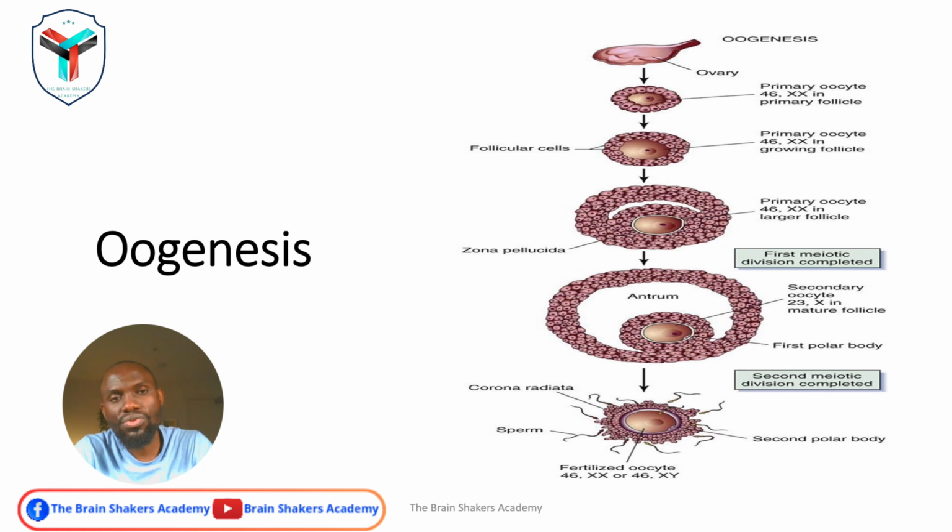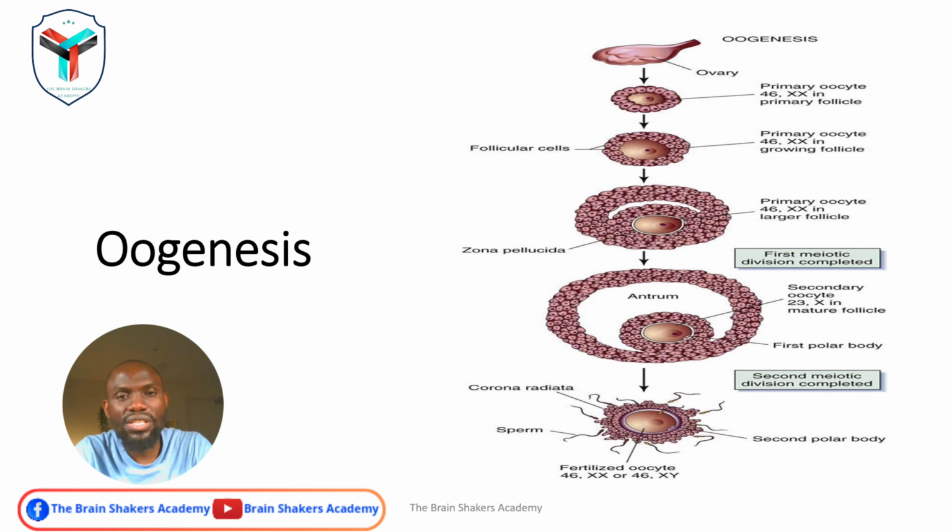The primary oocyte will go into the leptotene, the zygotene, the pachytene, and when it reaches the stage of diplotene, it undergoes its first arrest. So these primary oocytes are arrested in the diplotene stage of meiosis 1 and will stay in there until puberty.